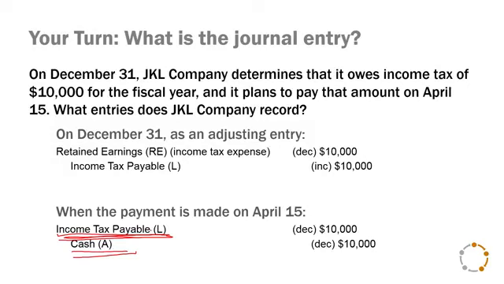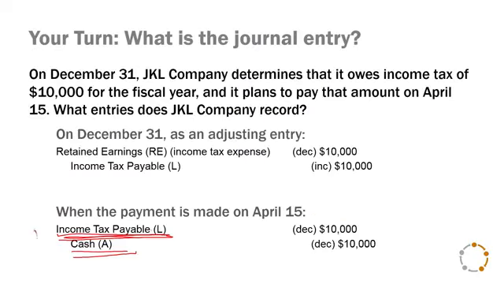Now notice this is a bit different than the three transactions we've recorded previously. You might notice that in this example, we've recorded the adjusting entry first, and we've recorded the entry where the cash effect occurs later.